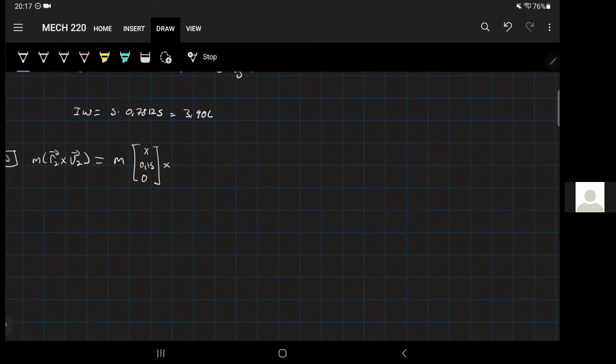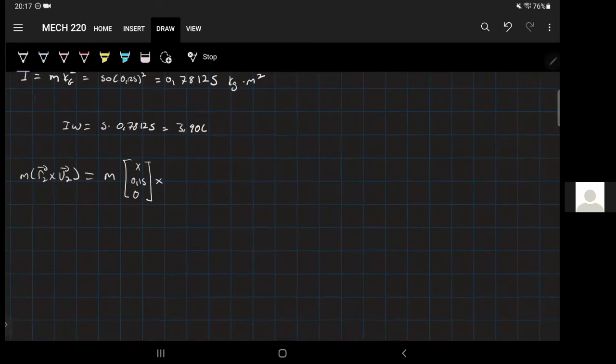Then I do a cross product with my velocity, which is still again omega. I'm going to call it omega 2 here, so we know it's the one for the second one, right? And then times 0.15, which is the radius, 0, 0.